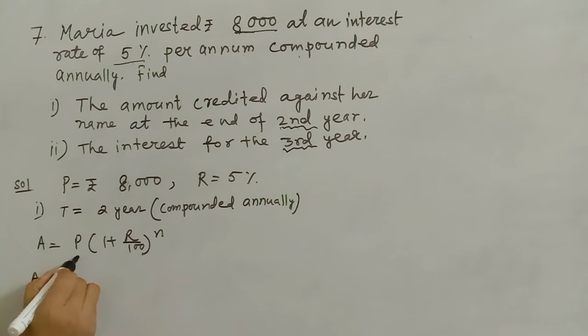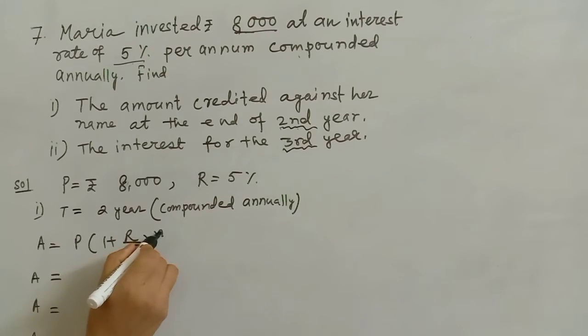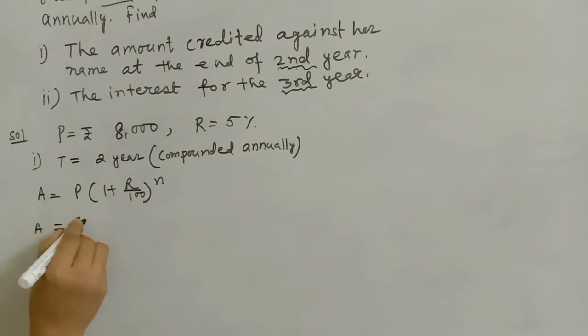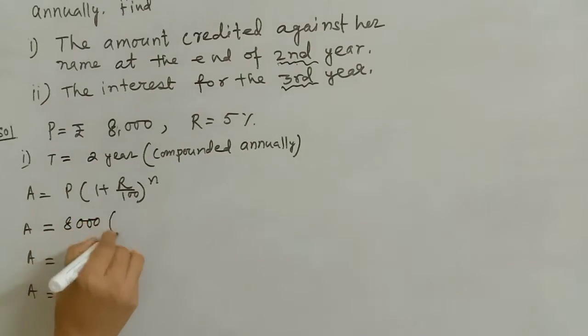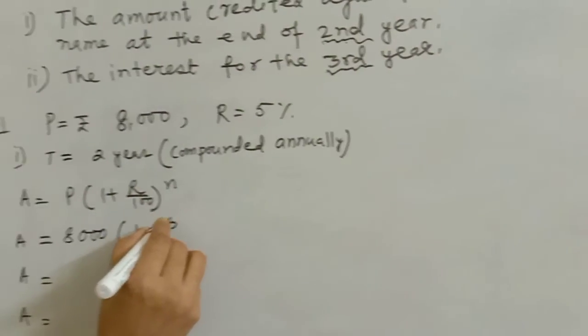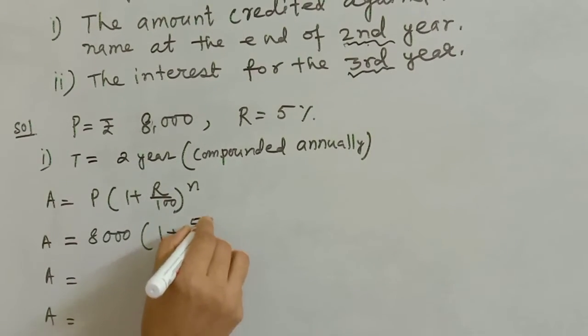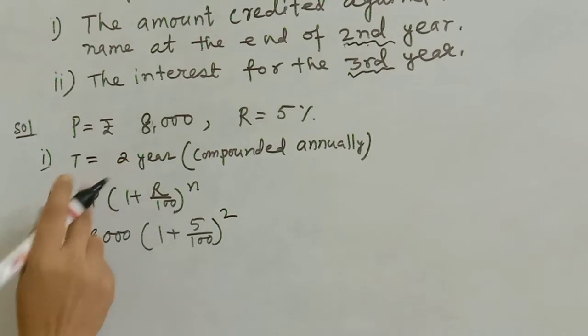Amount is equal to P into 1 plus R by 100 whole to the power n. Amount here 8,000 into 1 plus rate percent 5 by 100 whole to the power n, 2 because it is 2 years.